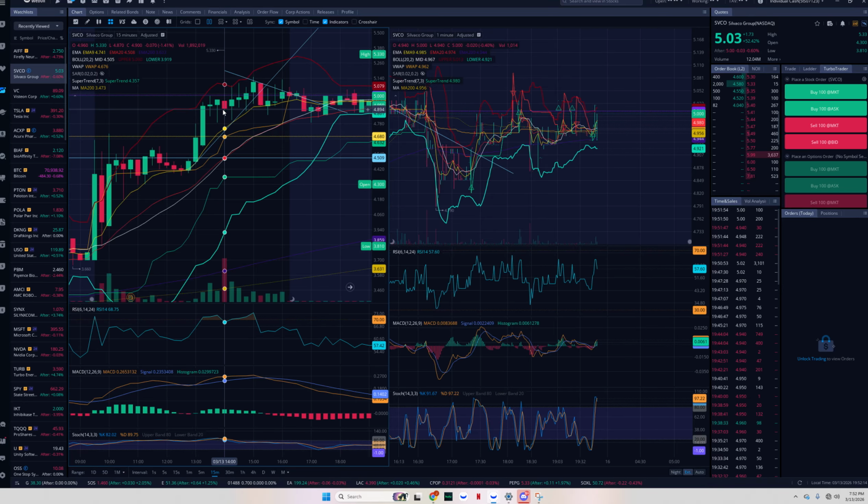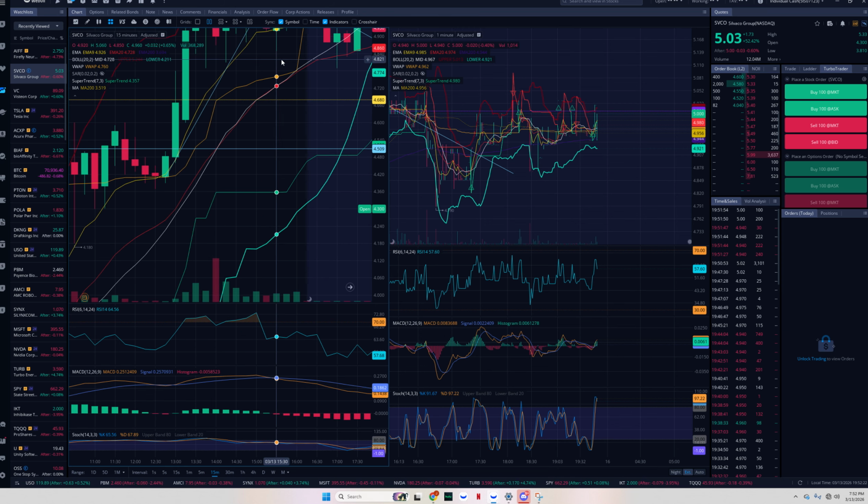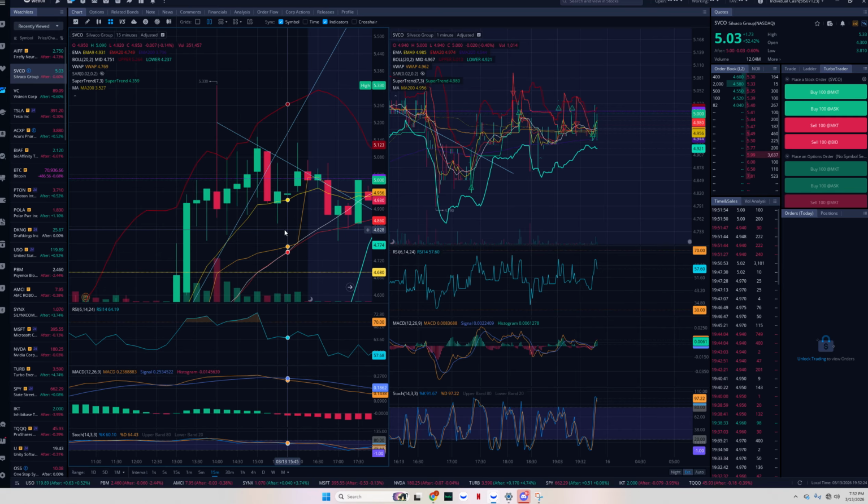Wick above, closed below. Wick above, closed below. Wick above, closed above. And when a candle closes above, because close is very important to what they call continuation or confirmation of a trend or of a move, that's a buy signal. Then you have this one, broke below, came back down. Remember 9 EMA with support, pushed up, went above.